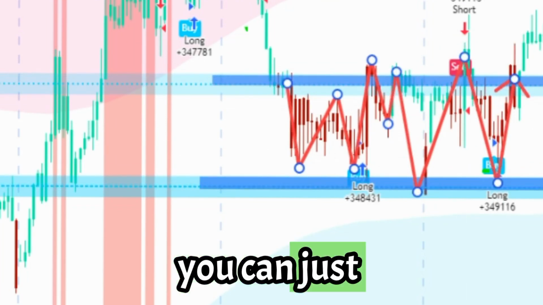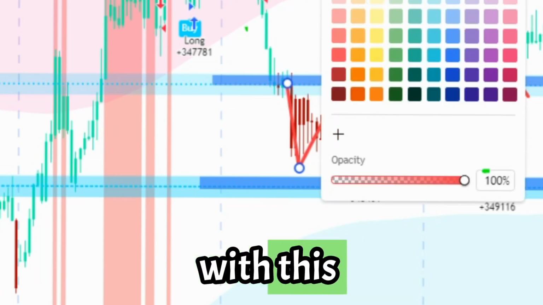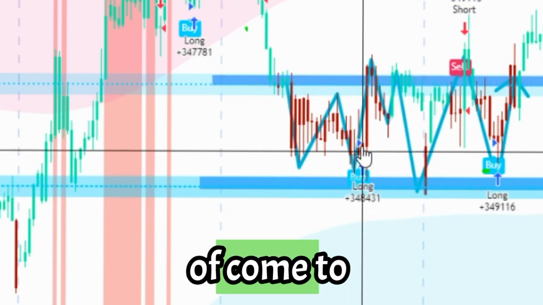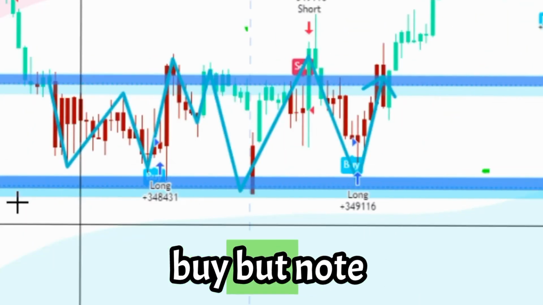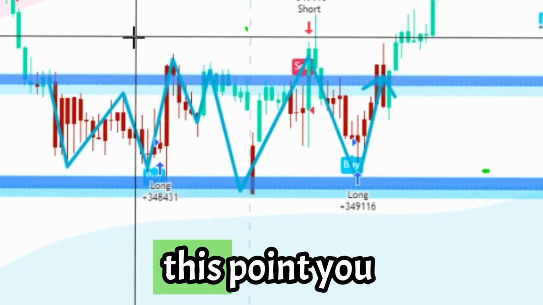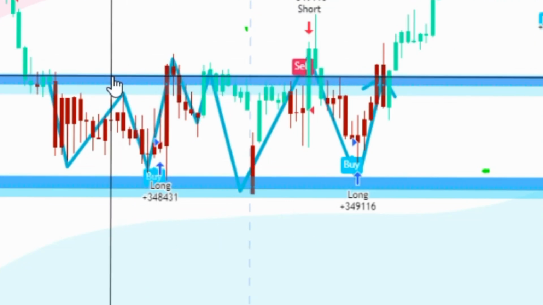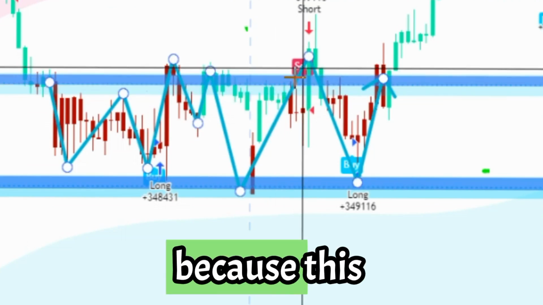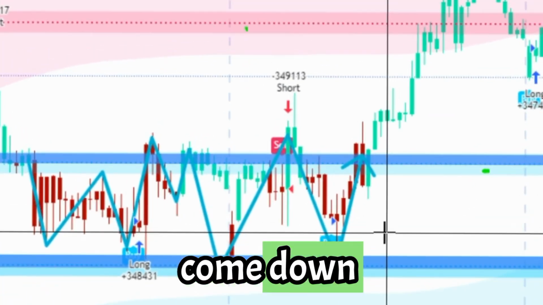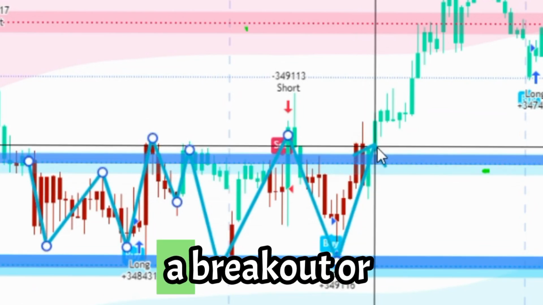So you can just stay out of the market, or with this indicator you can come to this point and buy. But note, if you are going long from this point you must exit. You must close your trade, because this is a ranging market. For a sell signal you can just calm down, but I prefer a breakout.